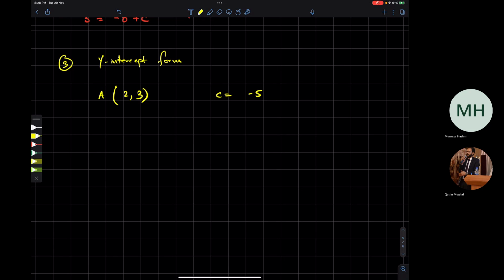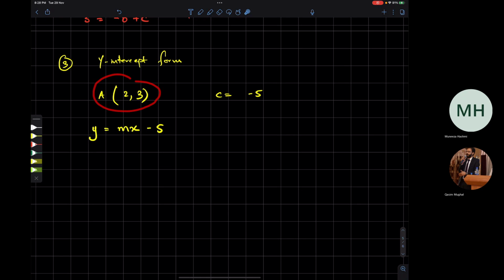Out of the two components, you already have one of them, which is c. So I'm going to write as much of the equation as I can. y = mx - 5, so I've placed -5 in place of c. Now I need to find m.